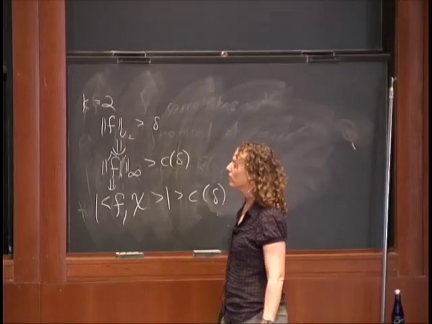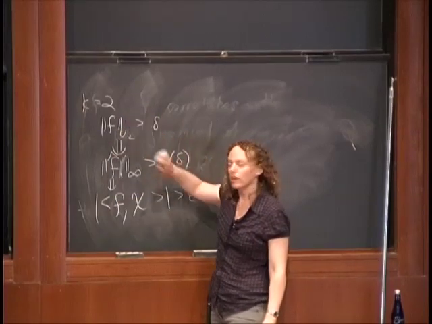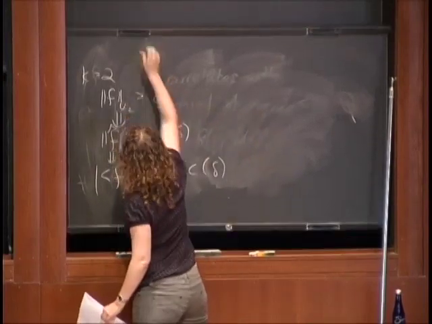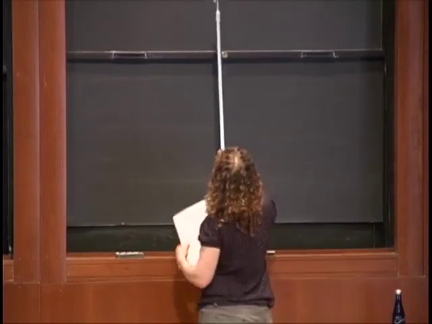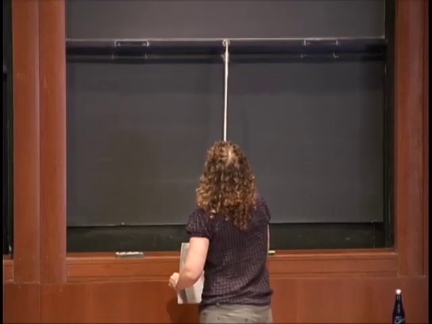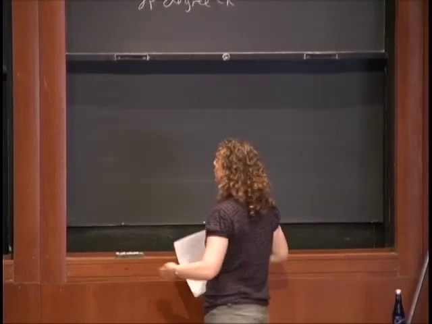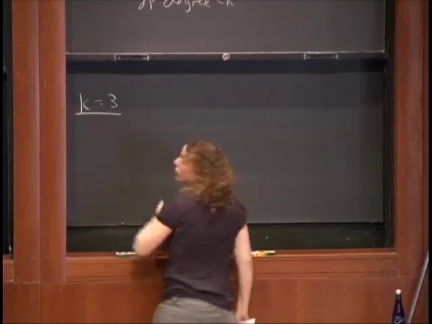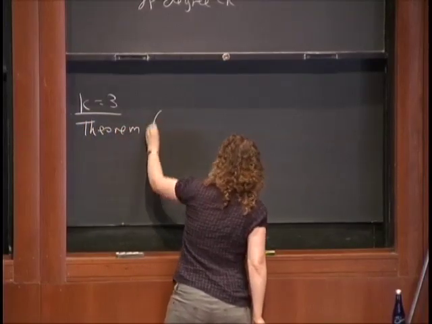Okay, so in this business, things get interesting when you go up. When k equals 2, this is Fourier analysis. What happens if k equals 3? Okay, this is the first interesting case, and this is a theorem of Green and Tao.